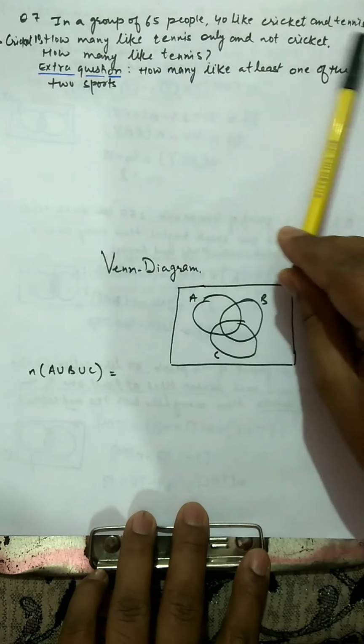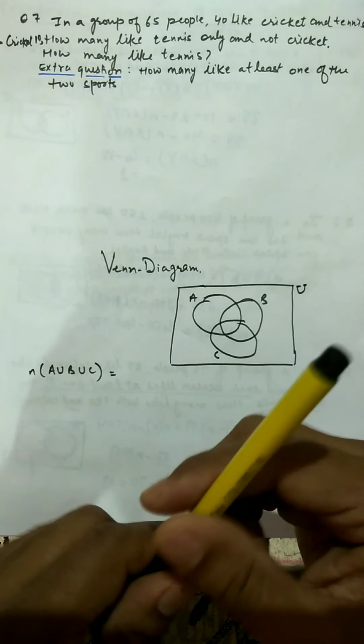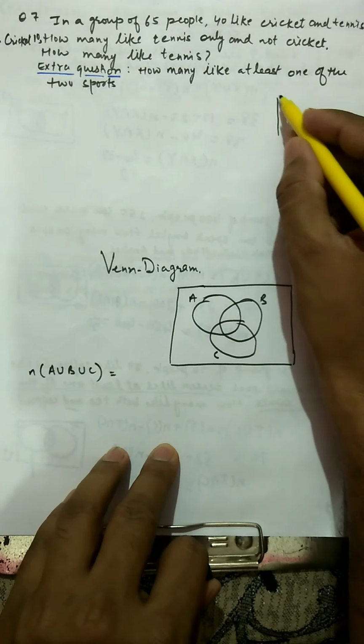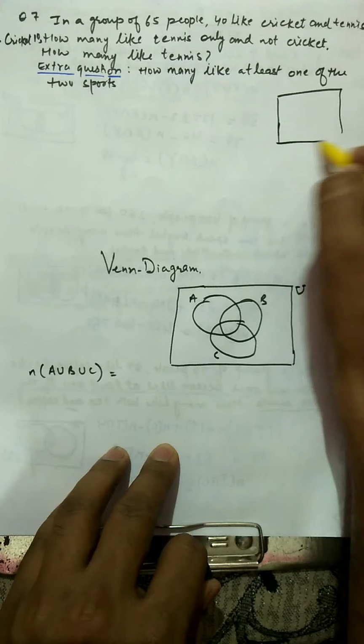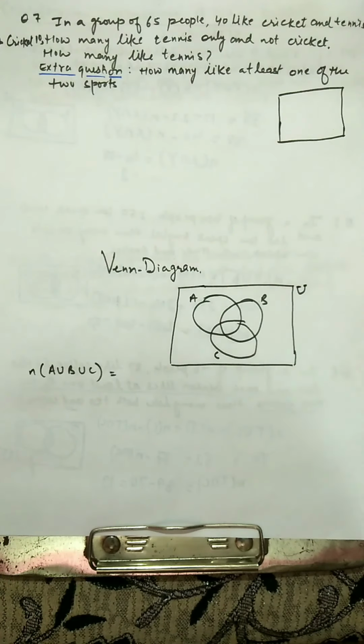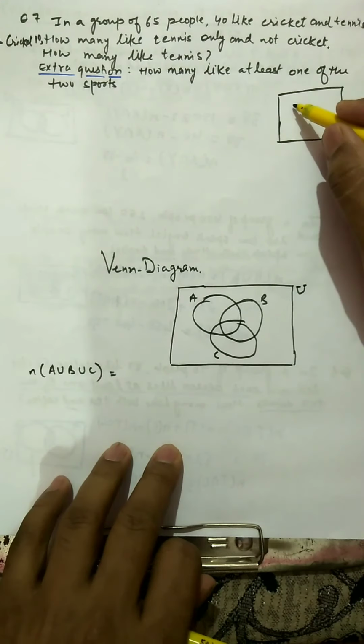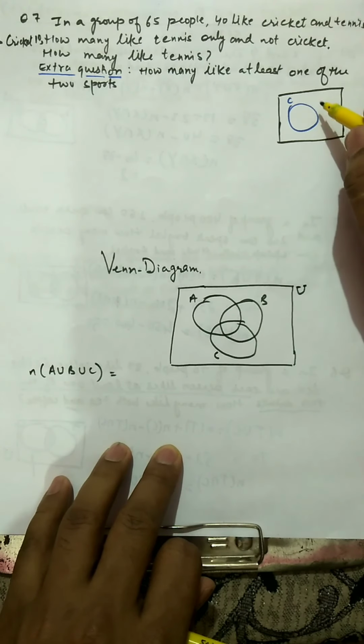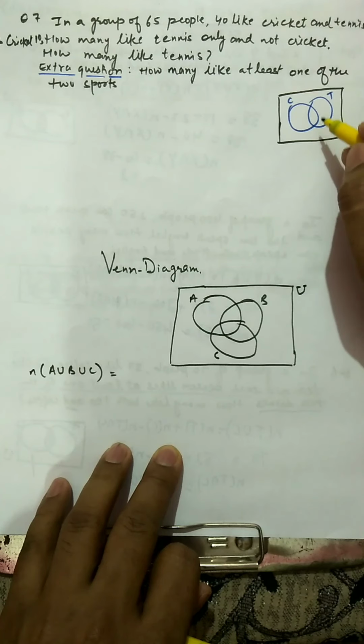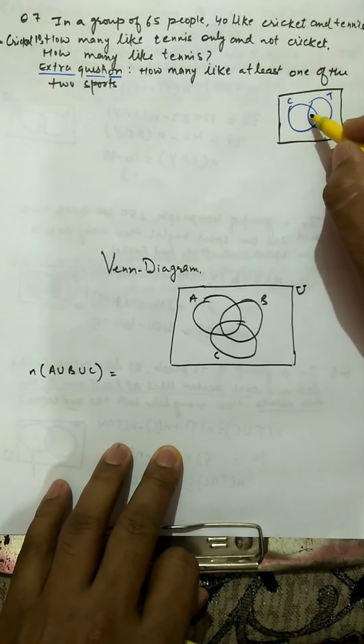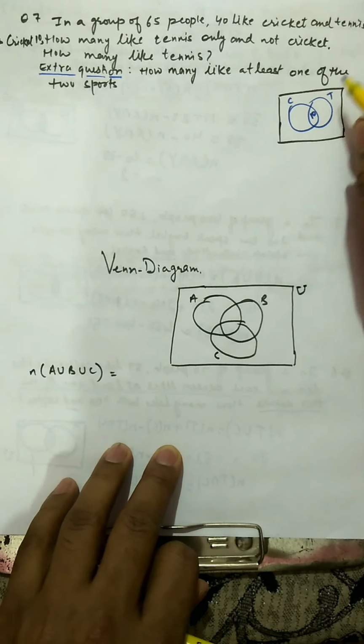It means this 10 is coming into the intersection area. If I make the Venn diagram, this is your cricket and this is your tennis. 65 people are there in total and 10 people are in this intersection area.